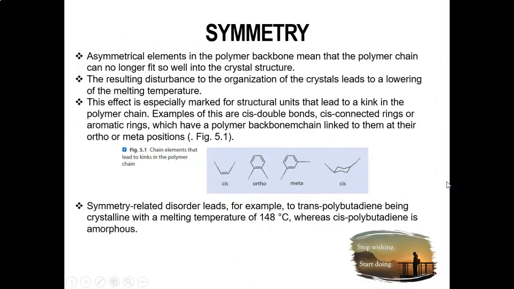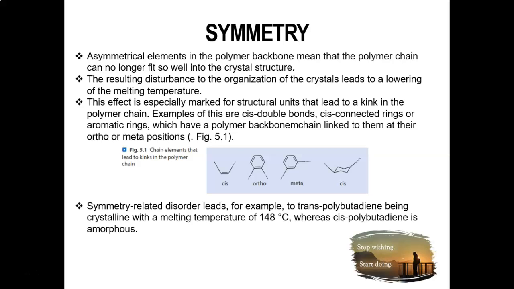In terms of symmetry, a asymmetrical element in the polymer backbone means that the polymer chain can no longer fit so well into the crystal structure. The resulting disturbance to the organization of the crystal leads to a lowering of the melting temperature. This effect is especially marked for structural units that lead to a kink in the polymer chain.